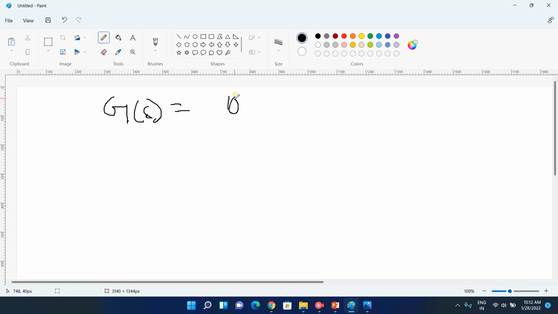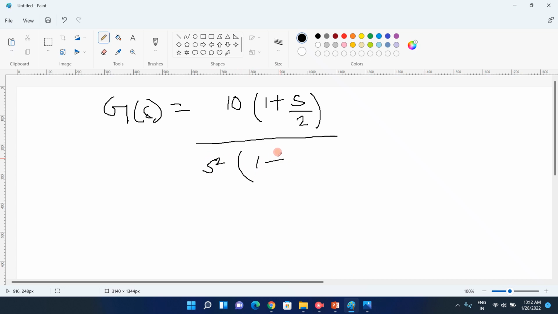Suppose it has 10, then 1 plus s by 2. Suppose we are writing in this form, 1 plus sT. If it is not given, then you have to convert it into this, and just directly write it this way. Next is s square, then we have 1 plus s by 5.